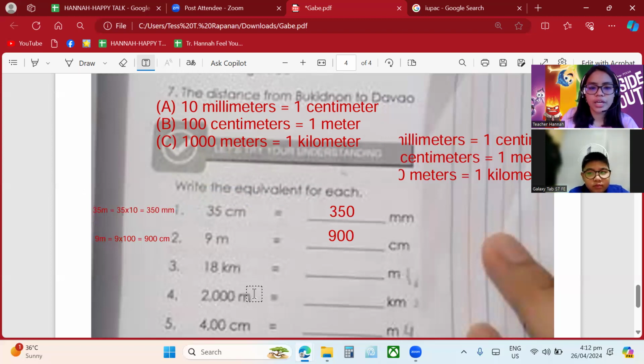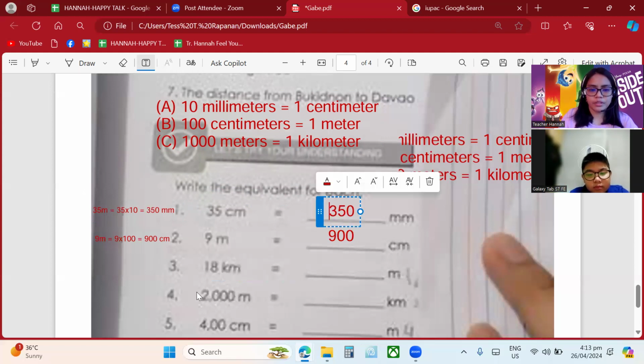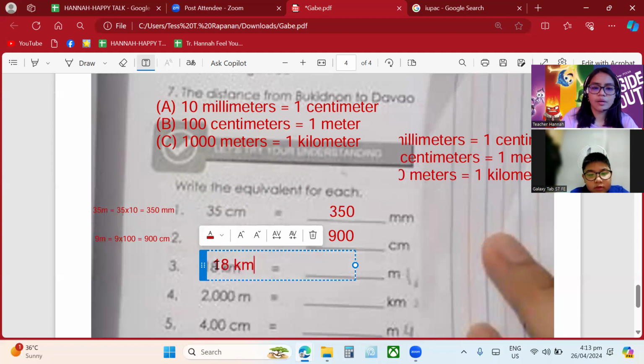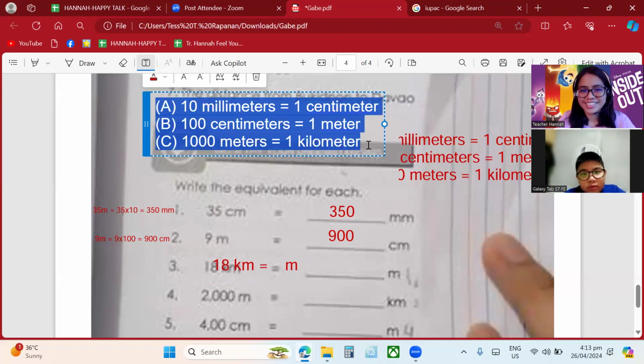Okay, so next we have 18 kilometers. We need meters. So, what conversion are we going to use? Letter C. Letter C, very good.